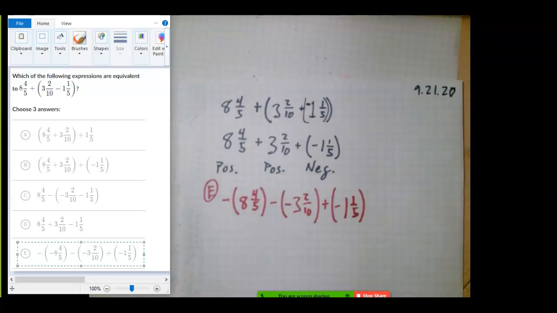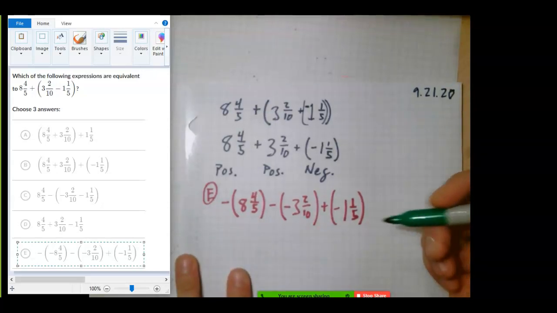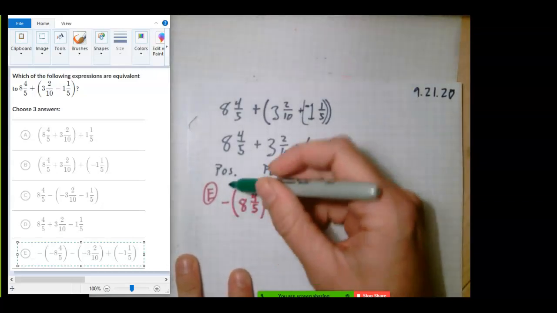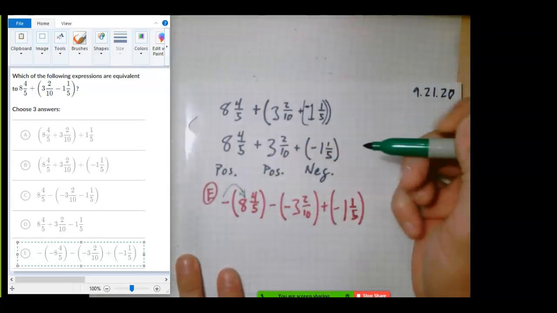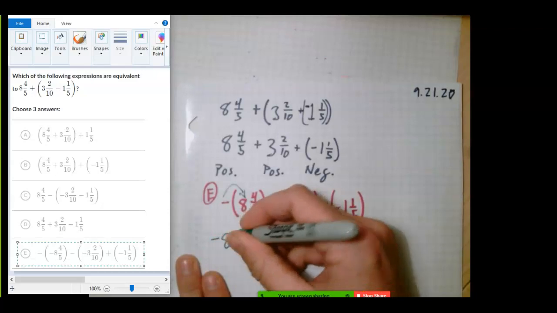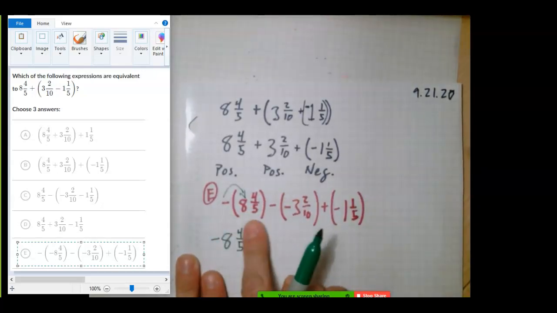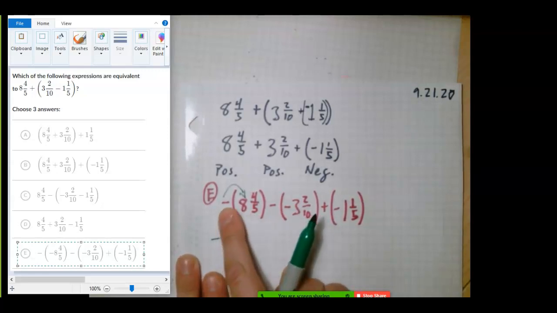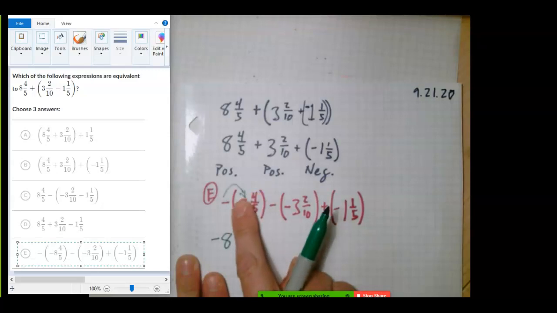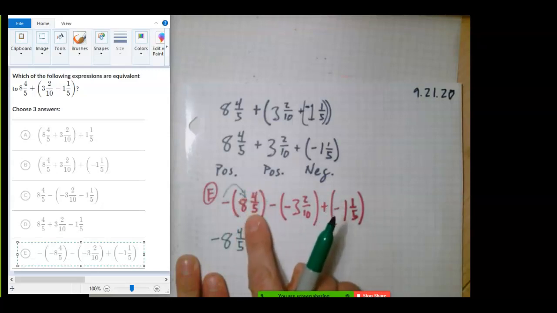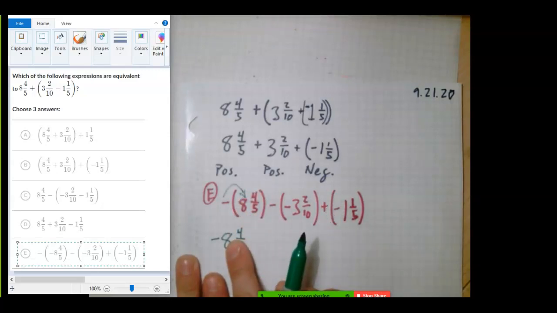Stella, your hand's up. It would become a negative because it distributes and changes. Yeah, now the only thing inside of this parentheses is the 8 4/5, but still, the negative comes into the parentheses, says become the opposite of what you are. It was positive, it becomes negative.